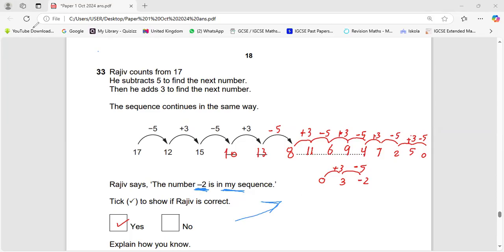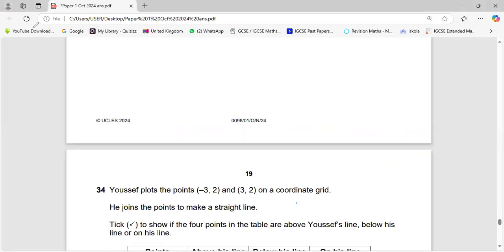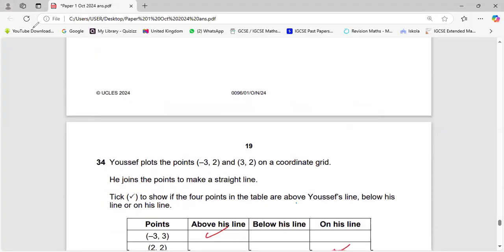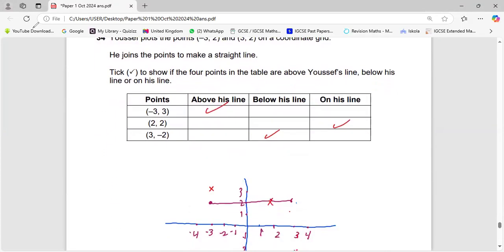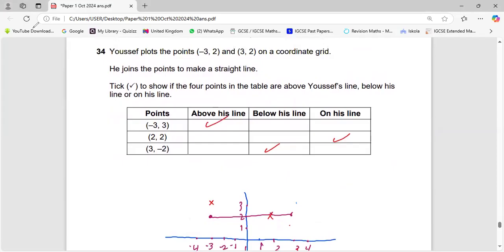The next one is 34, and I think it is the last one. Here he asks you to make a point. You can make it like this: plot the point. There is a point -3; plot it.